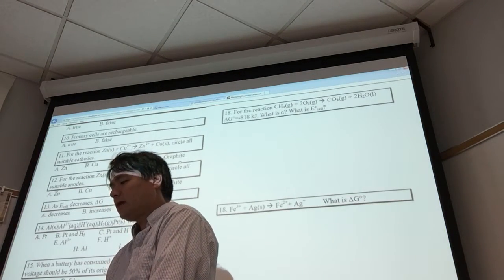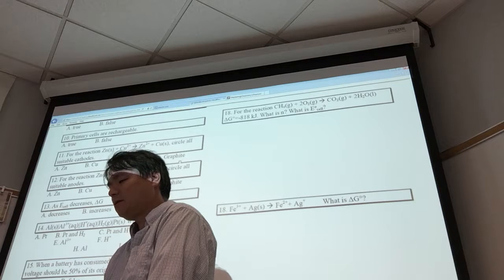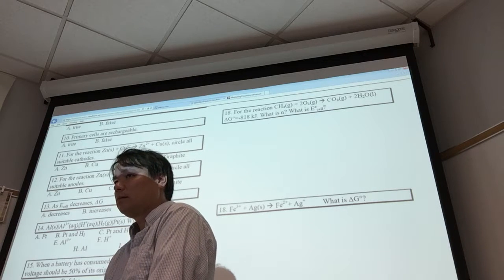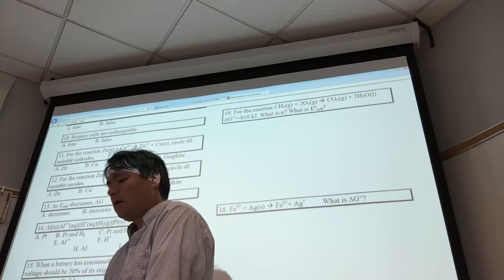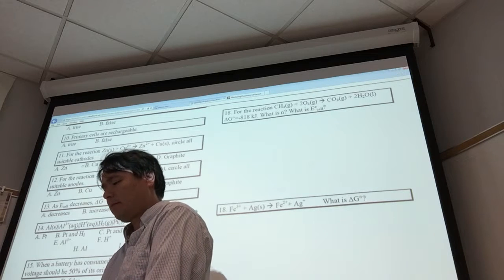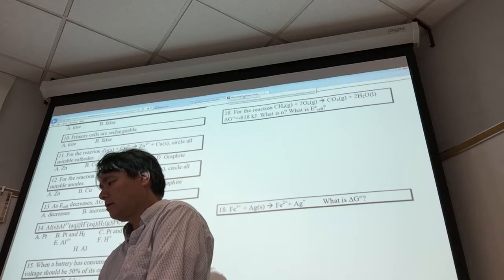For 12, for the reaction, circle all suitable anodes. Only A. Wait, how do we basically... Only A. Why is it... Otherwise, you can't get that reaction. It's impossible.